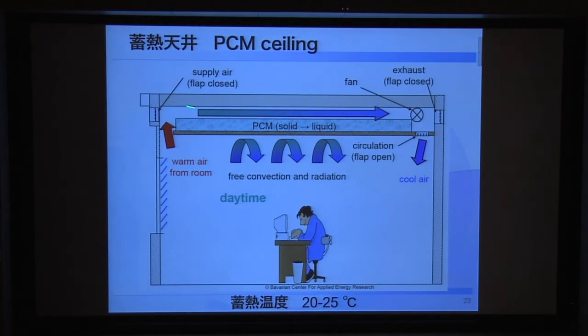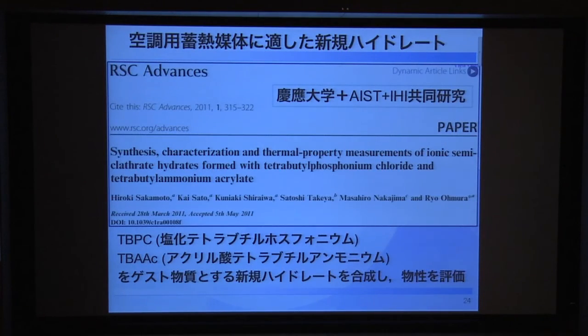This is an example of a PCM ceiling. On the ceiling, the PCM material used during daytime melts and mildly cools the room. But the storage temperature can be higher in this setting. Maybe 20 degrees is sufficient according to a certain source. So hydrates with a varying temperature range need to be identified.